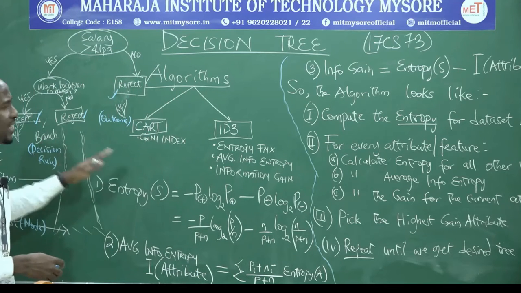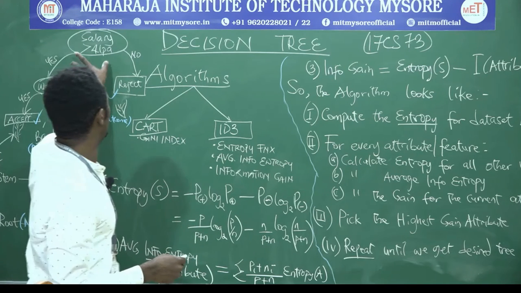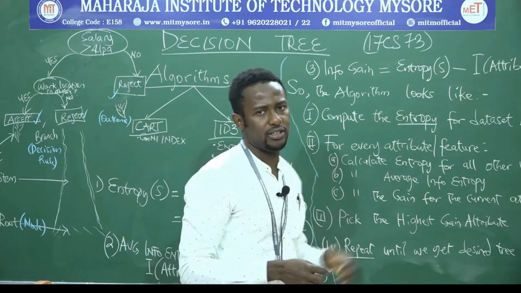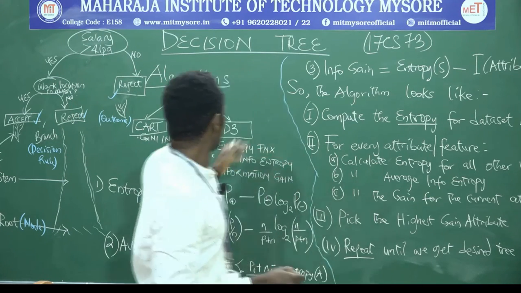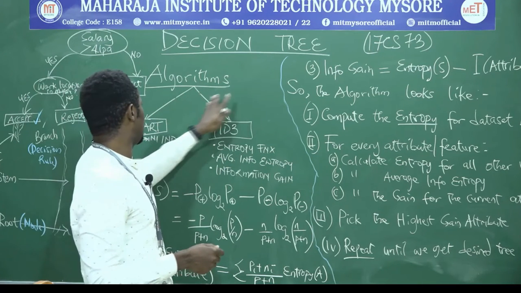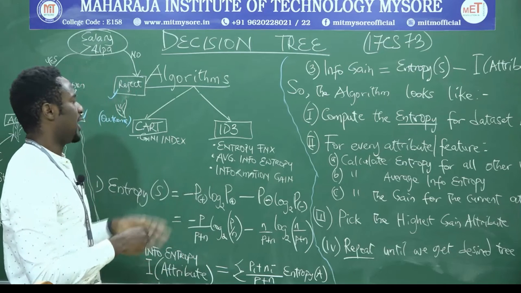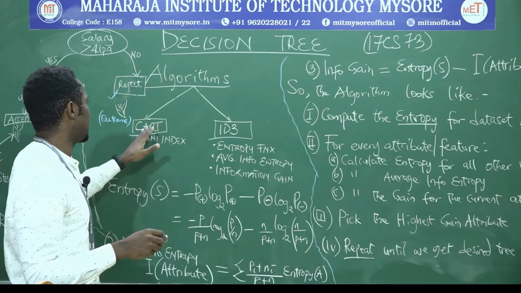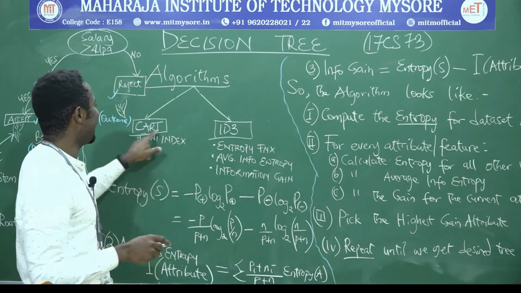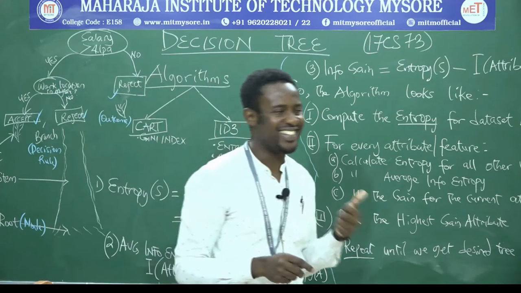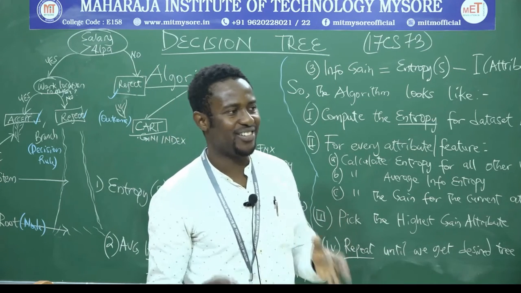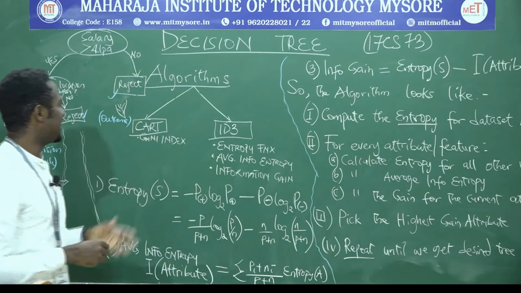So now the question arises where we have to decide which one becomes the root node. And that's where we have to look into some algorithms, which can enable us to do this. At this level, we can talk about CART, not cat and dog. CART stands for classification and regression trees, and ID3 stands for iterative dichotomizer version 3.